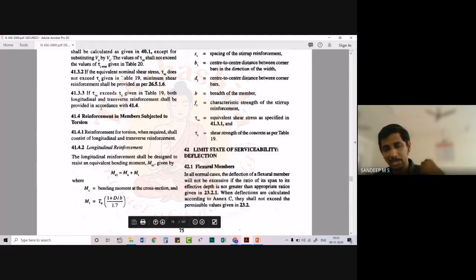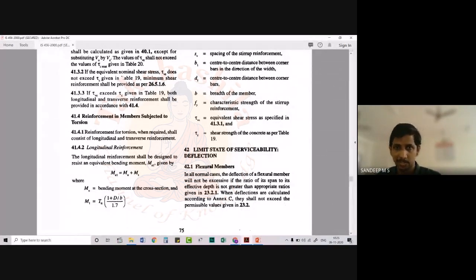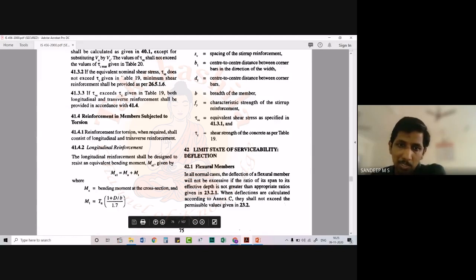Basically, when you have this effect of torsion, the first thing that you have to do is check whether torsional reinforcement is needed or not.